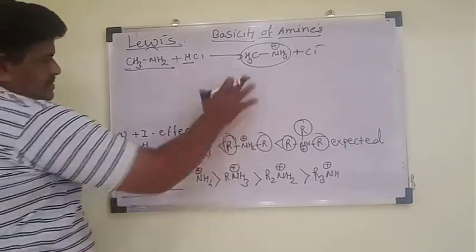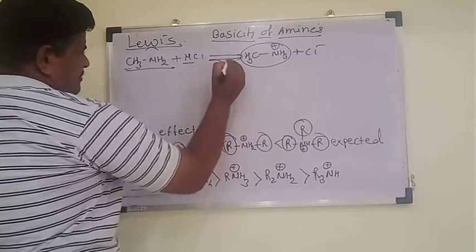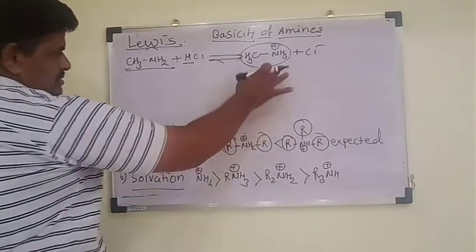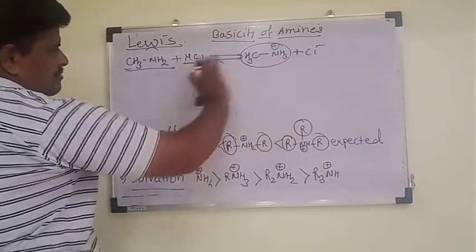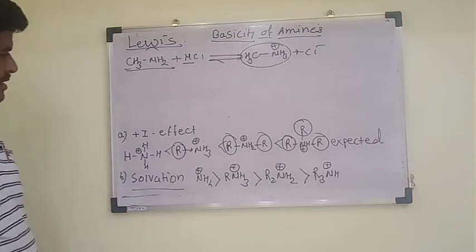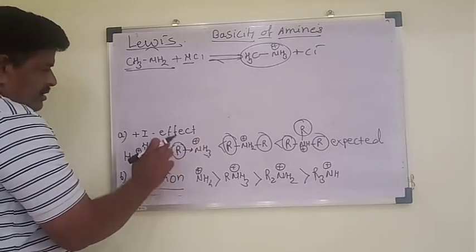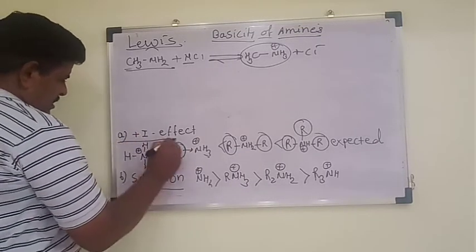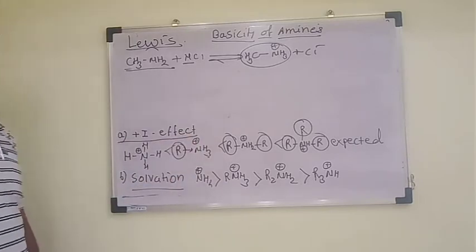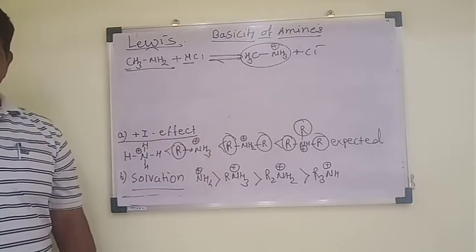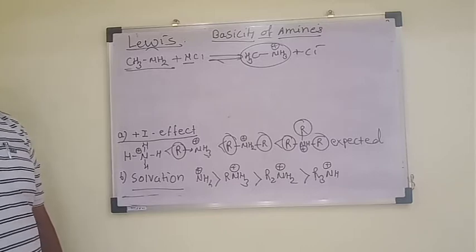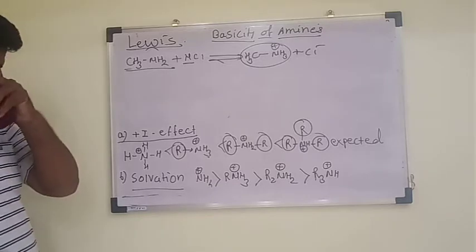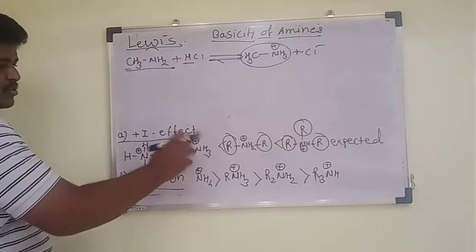Here this is a reversible reaction. If the conjugate acid is more stable, then equilibrium is shifted towards the product side. So according to plus I inductive effect, as the magnitude of plus I inductive effect increases, basicity also increases.